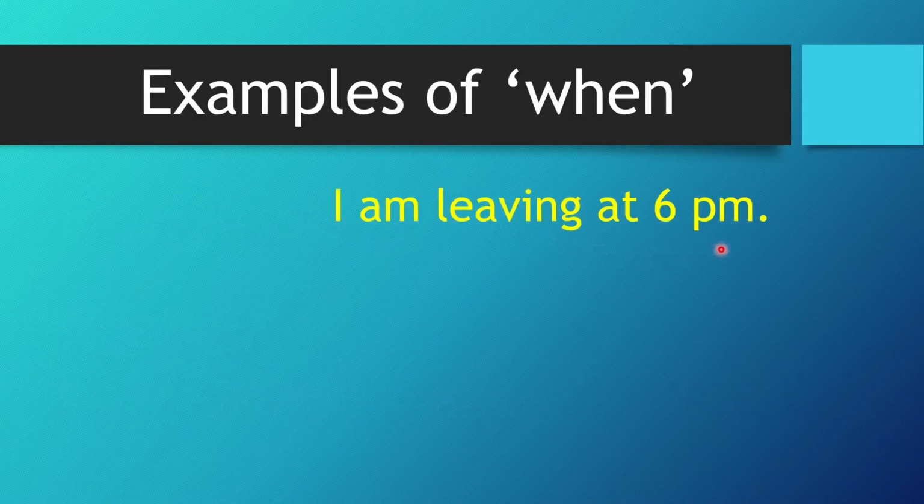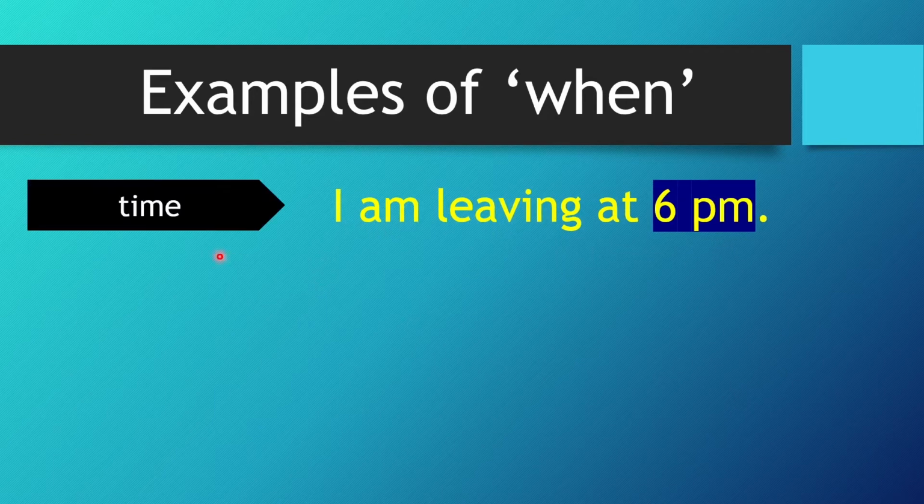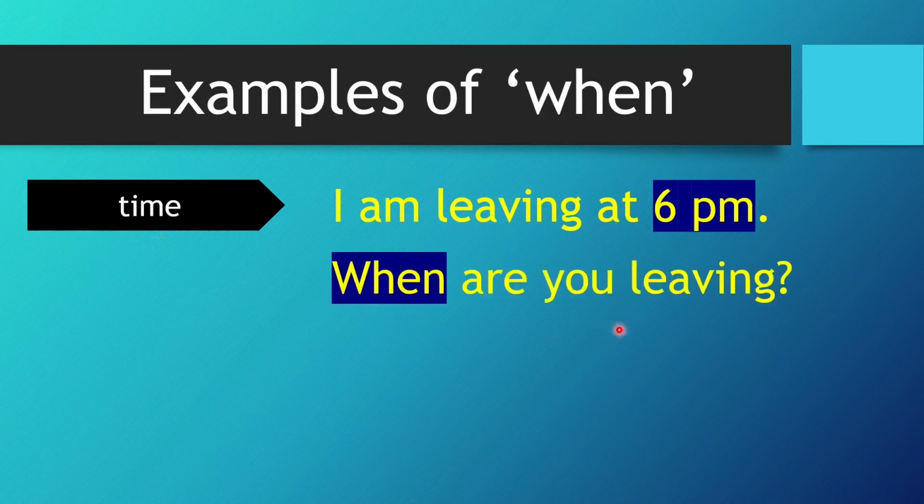I am leaving at 6 p.m. So here 6 p.m. it is showing the time. So when it is time, we will use when in the beginning of the question. So when are you leaving? Here when is showing the time 6 p.m. and after that there will be auxiliary verb. The given sentence I am, it will become you are.